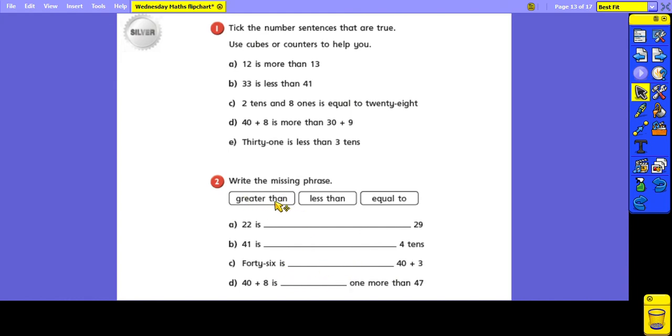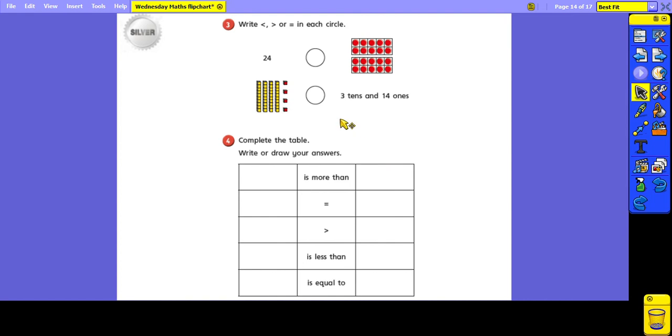So you're deciding if the numbers are greater than, less than, or equal to these numbers. And for question 3, you are using the less than and greater than and equal to symbols to complete these problems. And for question 4, you can write numbers or draw objects in each side to complete the table.